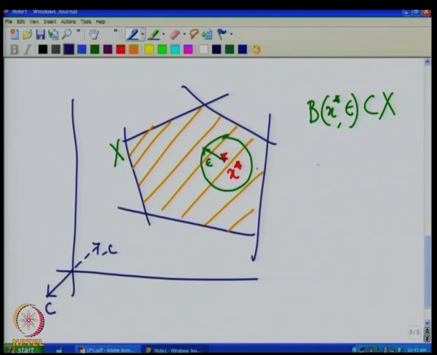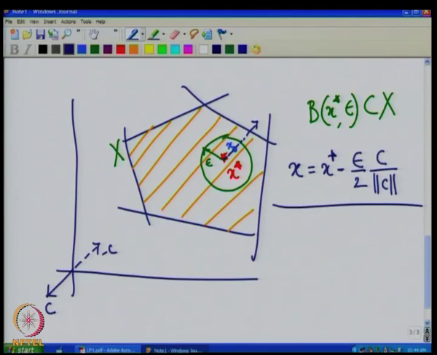So, let us take a point X to be X star minus epsilon by 2 along the direction C by norm C. So, in the negative C direction, we take a point X. Now, remember that we have assumed that X star is optimal to the linear program.